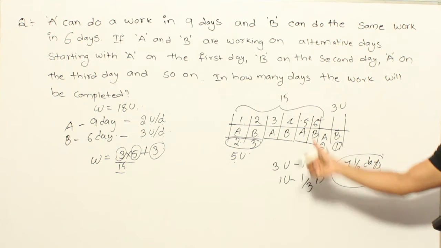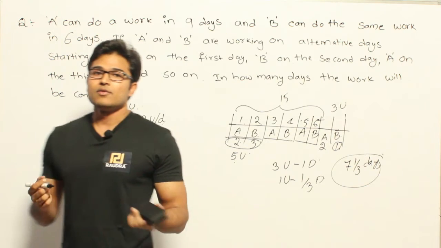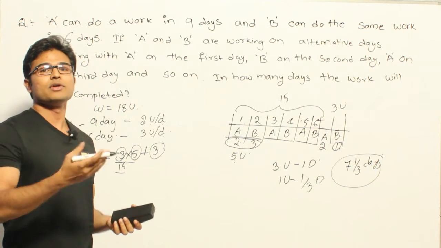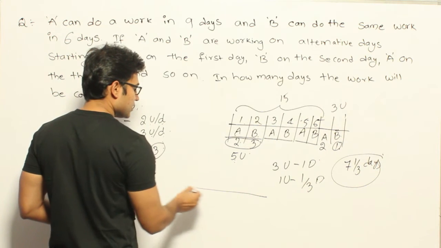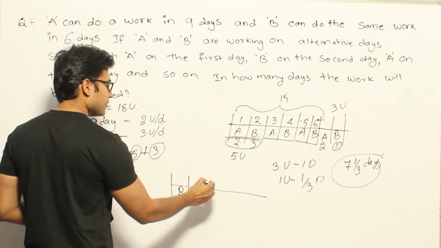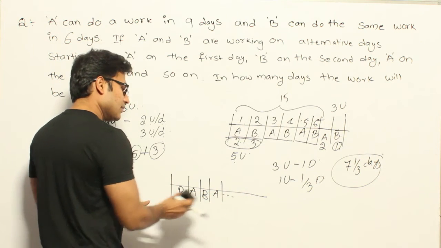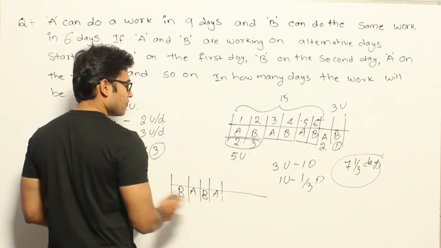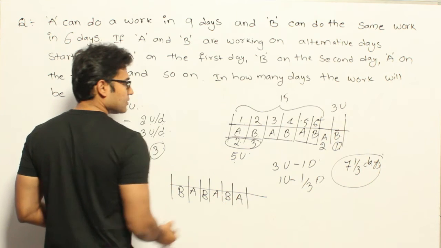Now instead of this way, if the question would have been asked as B will start the work on the first day and A will do it on the second day, and it goes on like that. So what I mean to say is, if the question would have been asked as B then A then B then A, then even in this case the same number of turns are going to be required, which means 3 turns.